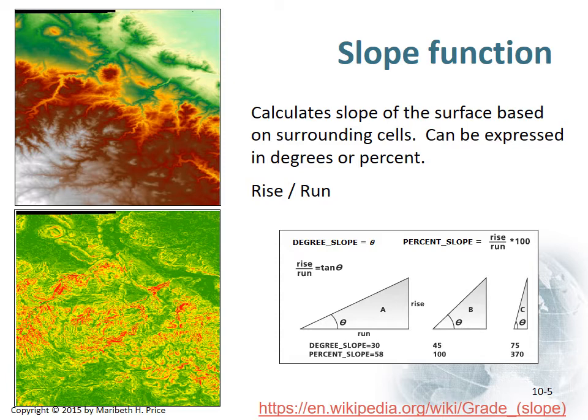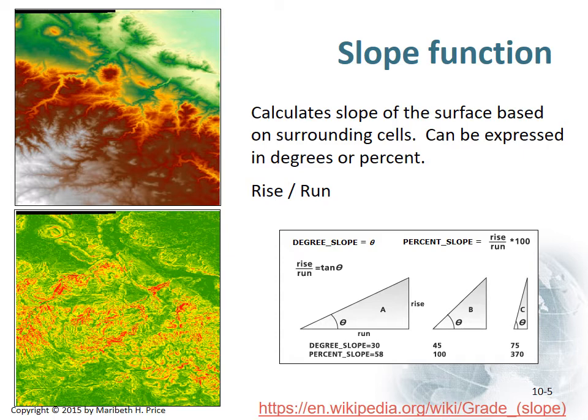And then there are the values for you, and there's in the inset some comparisons between different degrees and percentages. So a 30-degree slope, 58% slope. 45-degree slope is 100%. 75 degrees is 370%. Slope, as it turns out mathematically, is infinite.